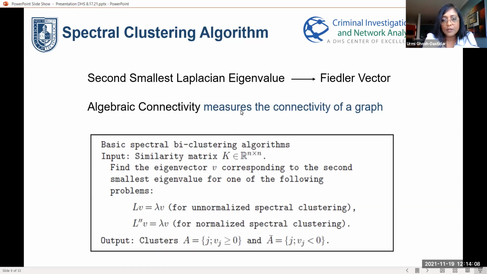And the way we do the partition in the spectral clustering method is that it looks at the Fiedler order. It calculates the eigenvalues of the Laplacian. Because it's a symmetric matrix, with the assumption that it's a connected graph, the first eigenvalue should be 0.